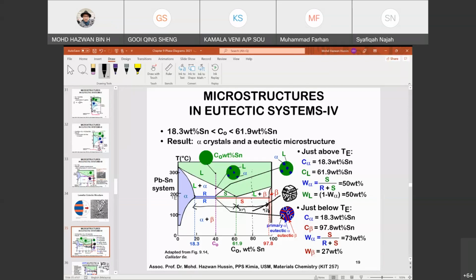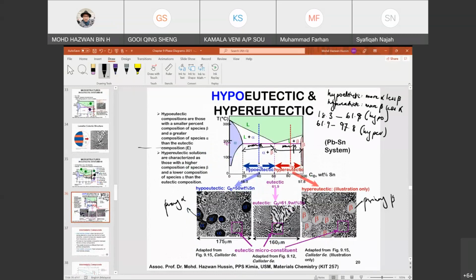But now maybe you have one or a few bigger grains which are actually equivalent to primary beta, no longer primary alpha. And talking about primary alpha and primary beta, this is what we have discussed yesterday regarding hypoeutectic and hypereutectic.